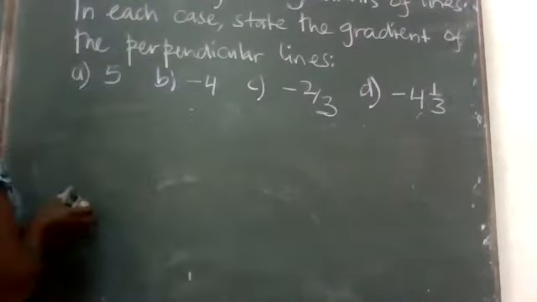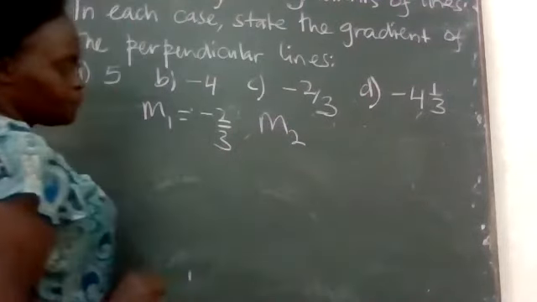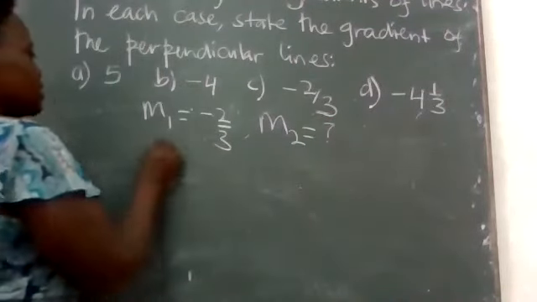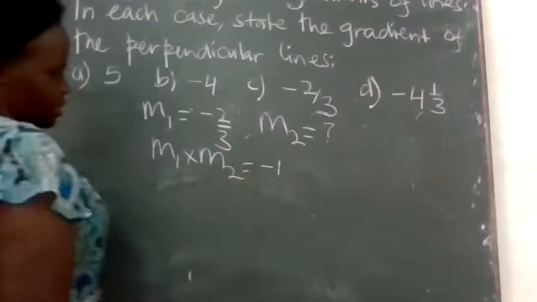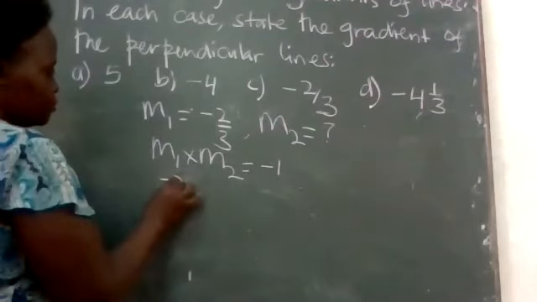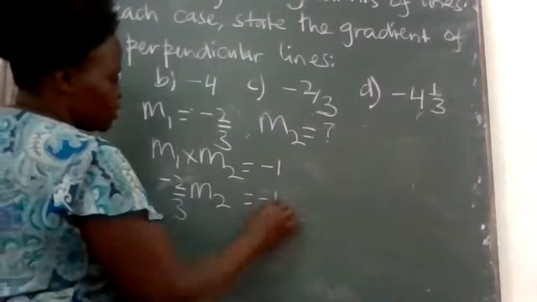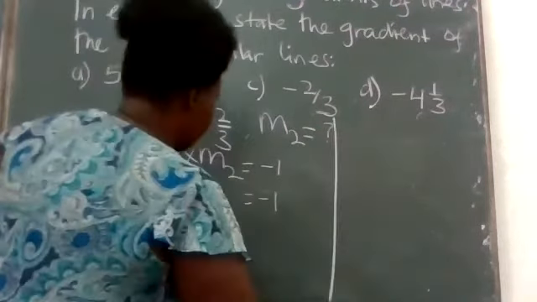So for part C, we said we can let M1 be -2 out of 3. We are looking for the gradient of the perpendicular line, which is M2. We don't know M2, so we can say that M1 times M2 is equal to -1. So -2 out of 3 times M2 is equal to -1. Let me write it here.